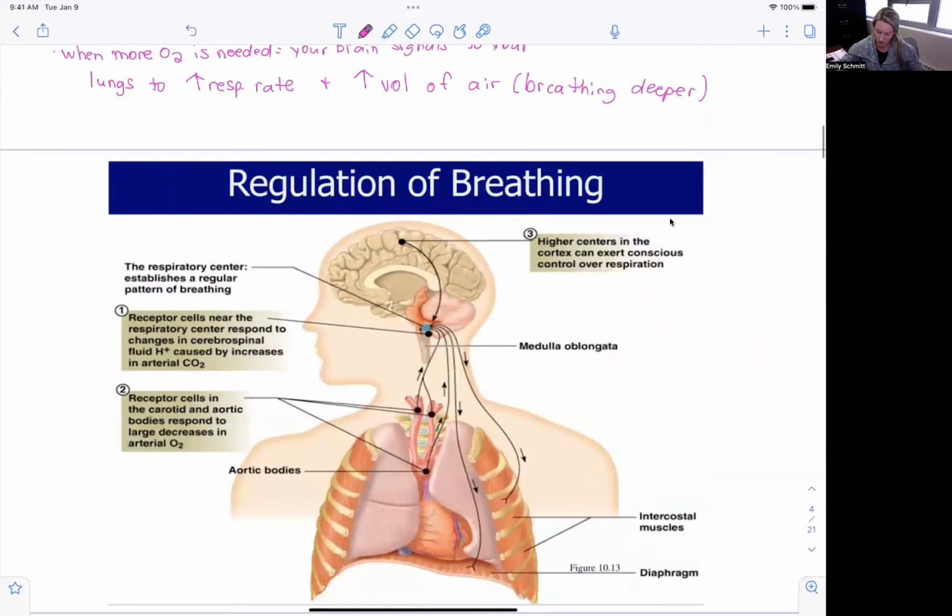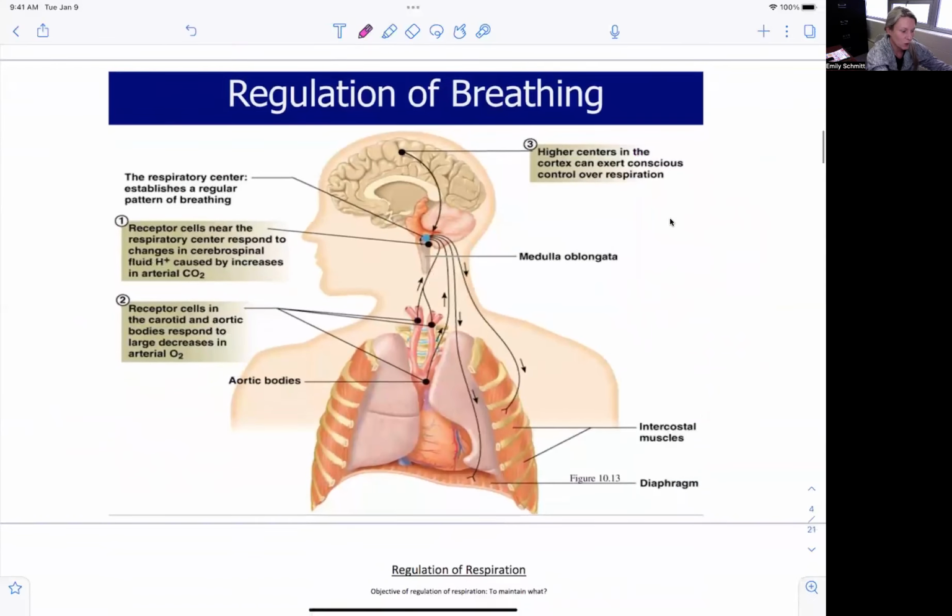In this regulation of breathing, we know that the medulla oblongata, this is always fun to say, really establishes the regular pattern of breathing. We have receptor cells near the respiratory center that respond to changes caused by increases in our arterial carbon dioxide.